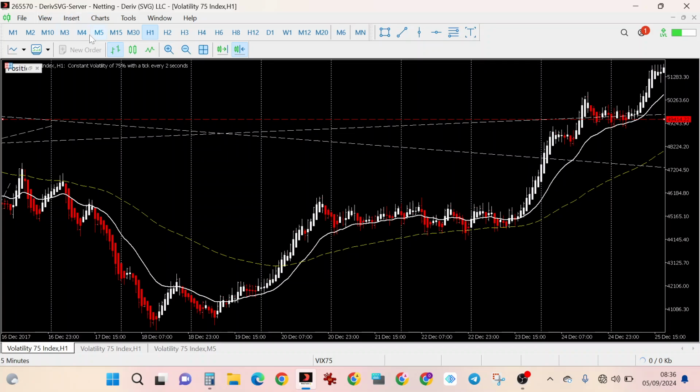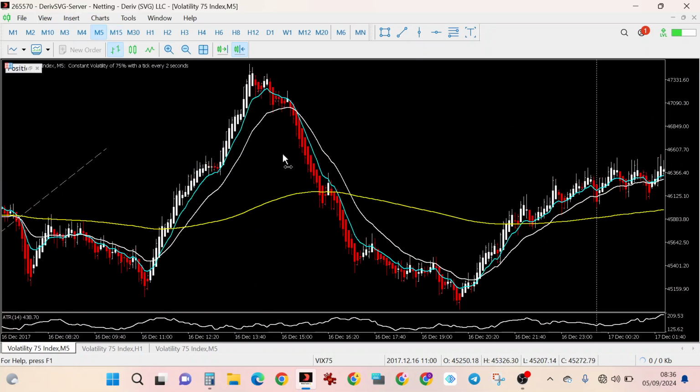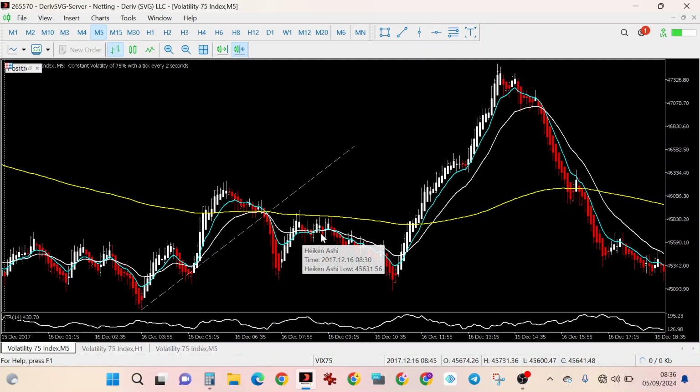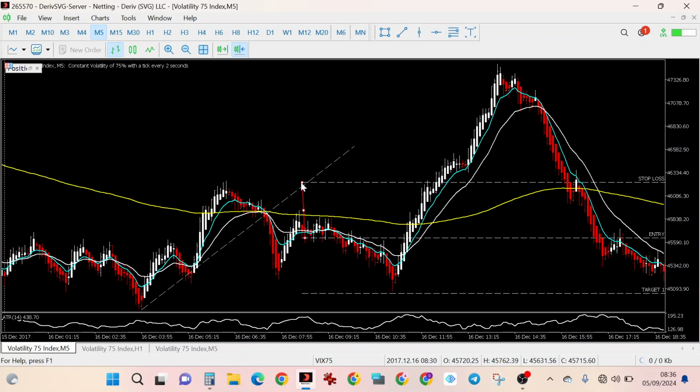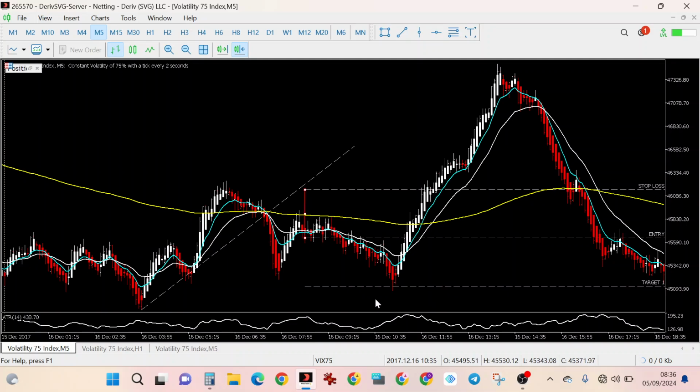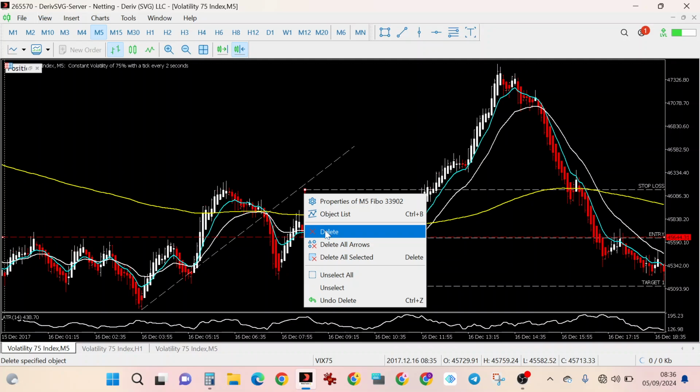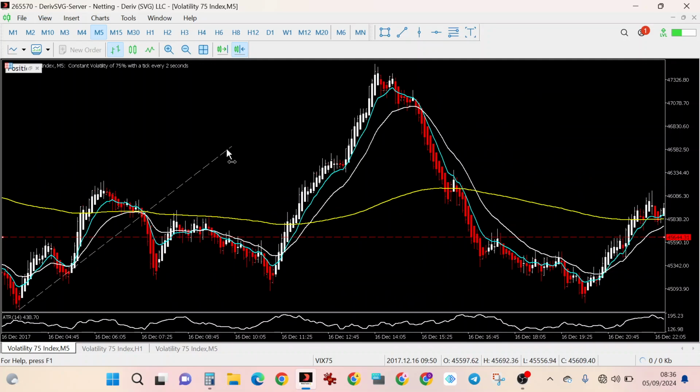Go to M5 here, probably taking a trade here, and depending on how you manage the trade, some traders will, when it gives you 1-to-1, move to break even, or take out half, or just leave it. Depending on how you do it, you might have gotten stopped out or not, it doesn't matter.